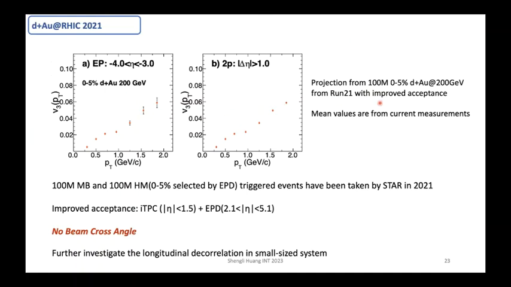So in the same collaboration, we can repeat these results to further understand the decorrelation and some other issues. I want to point out that this data was taken with no beam crossing angle, because the PHENIX results come from a very large beam crossing angle. They claim it affects their event plane resolution. But for the new data we took, there is no beam crossing angle, so it will be a cleaner, or should we say easier, way to understand the difference.